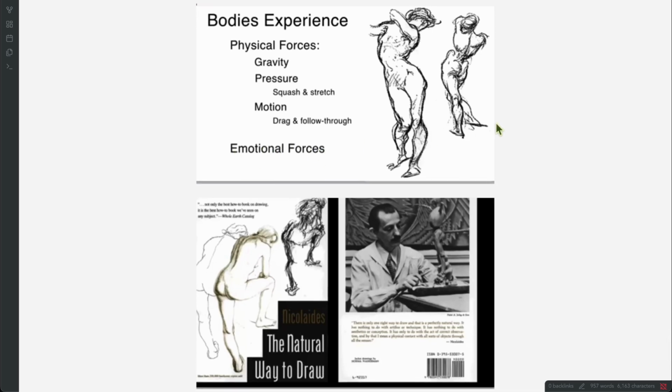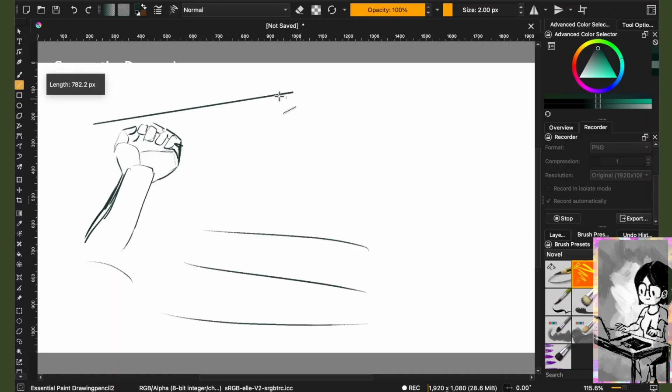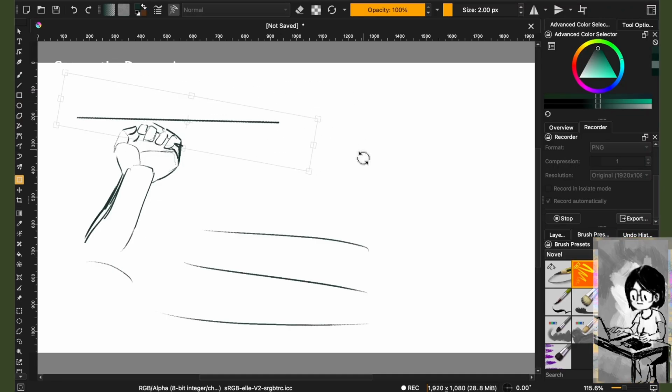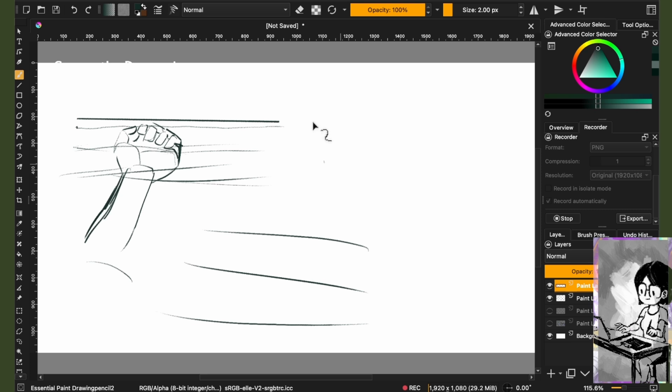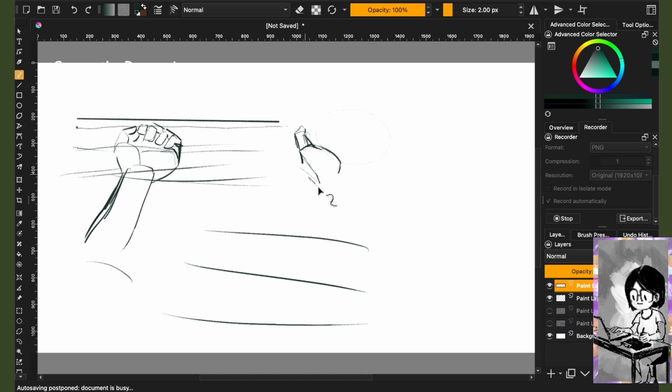Maybe you're drawing a character who is insecure, who has hunched shoulders, who has a very prominent frown, who has very tense expressions in his limbs, who may be a bit awkward, who has a very closed off way of standing, or they're very open and vocal and they have a very open gesture. These things all add to the life of the drawing because they make the character believable.